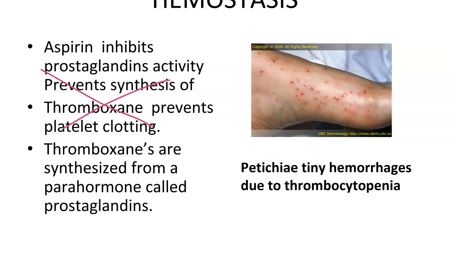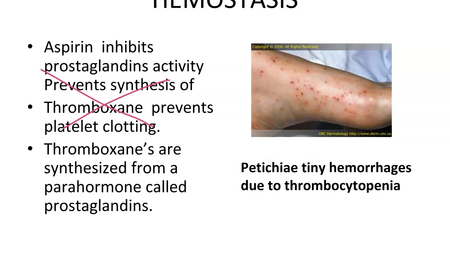The reason why petechia forms is because at any given time, there are always tiny hemorrhages taking place in the tiniest of blood vessels in our body. But we don't know it, because they're immediately being repaired. When platelets are not working properly, these tiny hemorrhages turn into small areas of bleeding, which is what we call the petechia.